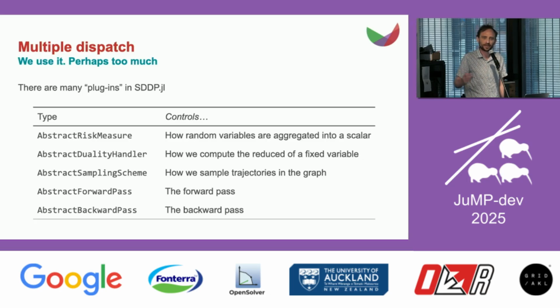We need to compute subgradients of our objective functions. There are multiple ways we can do that, especially if there are integers in the problems. There are different ways we can sample the graph, different ways we can do the forward pass, different ways we can do the backwards pass, and others as well. The upside is it's really easy to add new options and change the behavior of the algorithm. The downside is thinking about how they interact gets complicated.